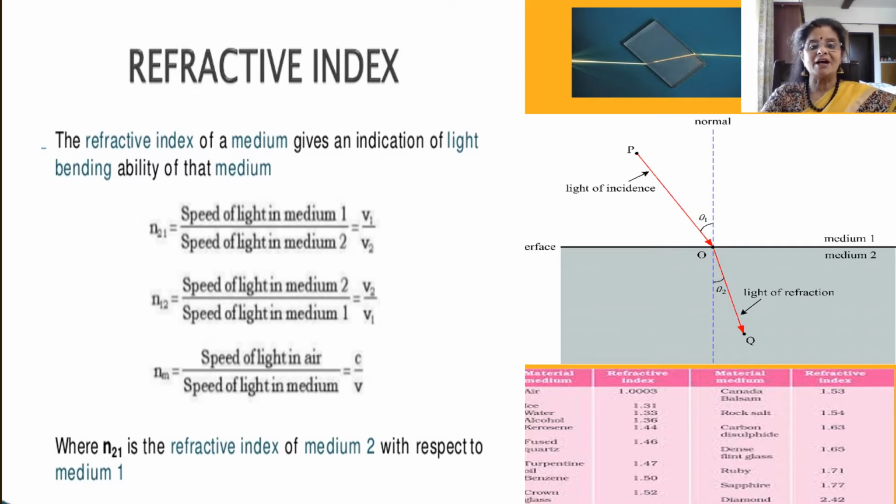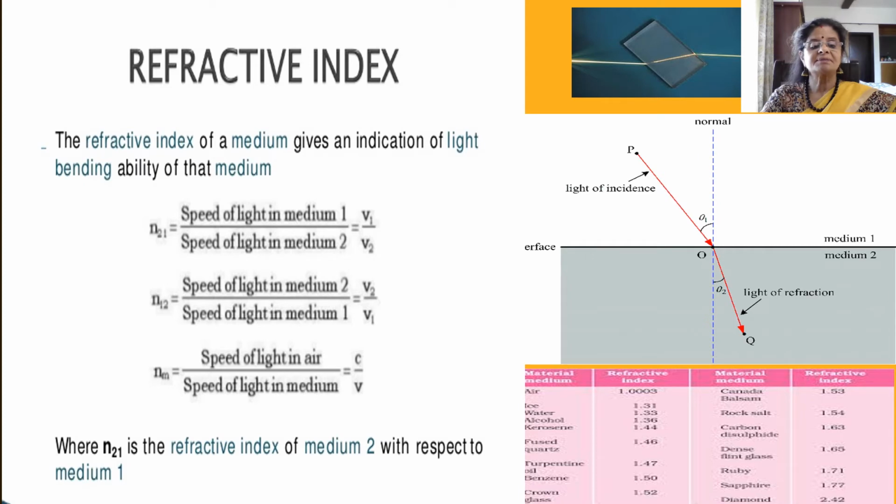Consider a ray of light traveling from medium 1 to medium 2, as shown in the diagram. Let v1 be the speed of light in medium 1 and v2 be the speed of light in medium 2. The refractive index of medium 2 with respect to medium 1 will be given by the ratio of the speed of light in medium 1 and the speed of light in medium 2.